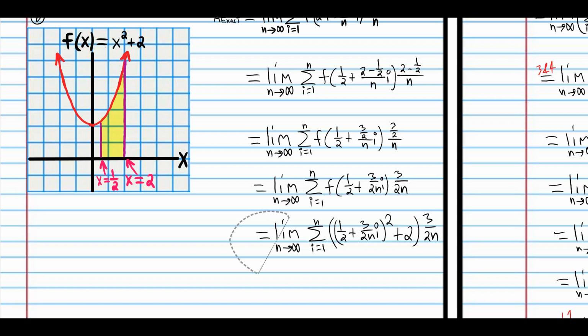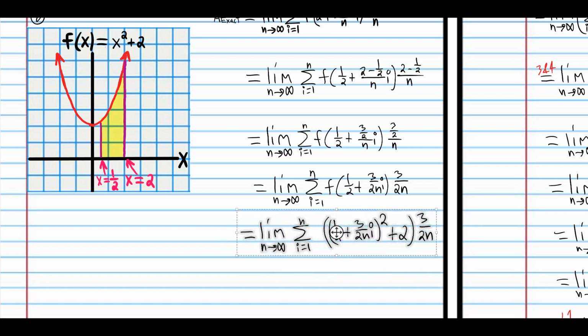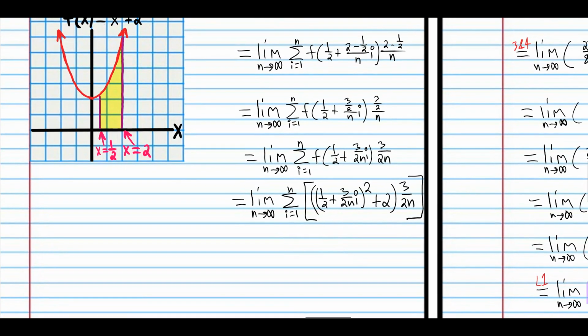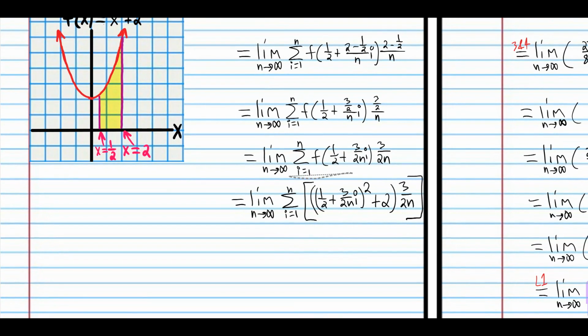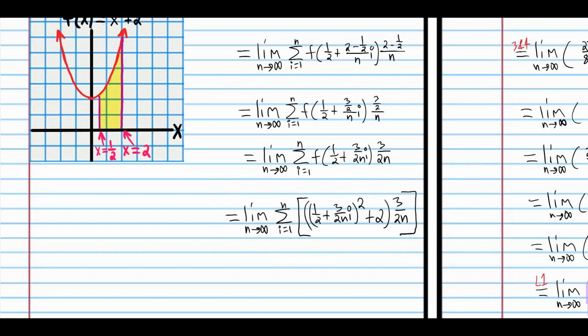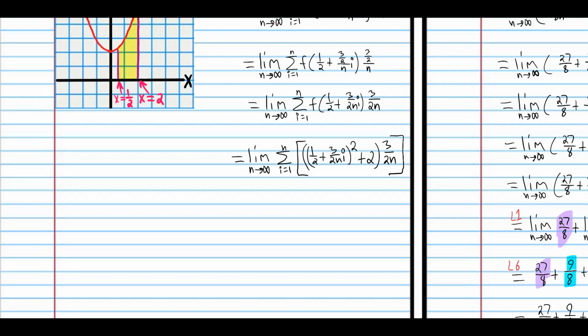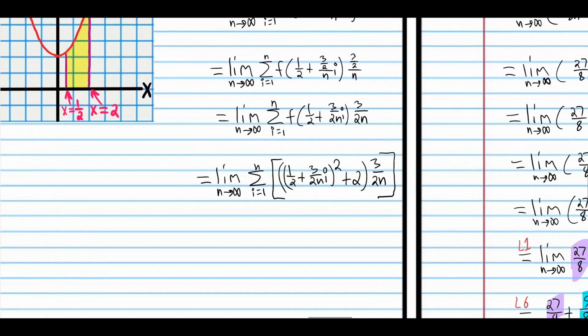And you can put brackets if you want. It's debatable whether or not brackets are helpful. They kind of just make the expression look more complicated, but it kind of helps to see that all of that stuff is in the sigma notation. So this expression here, that is the height of each rectangle in the Riemann sum.